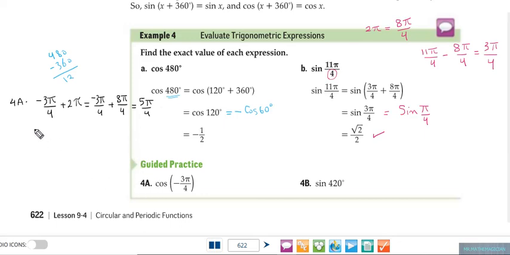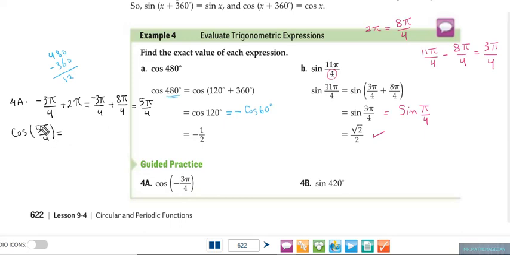So our problem now is cosine, instead of negative 3 pi over 4, cosine 5 pi over 4. It is the coterminal angle, and it's better to deal with the positive angle rather than the negative angle.